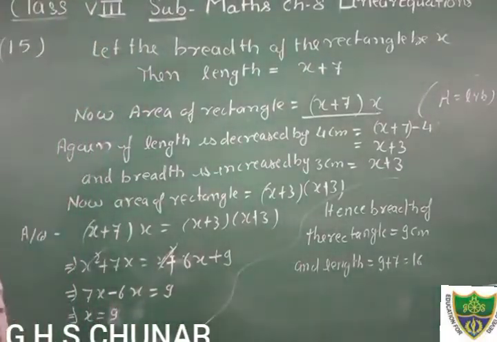Now the area will be 144 square centimeter. If you decrease the length, that is 12, and increase the breadth to 12, that is 144. So your answer is right. You note it.